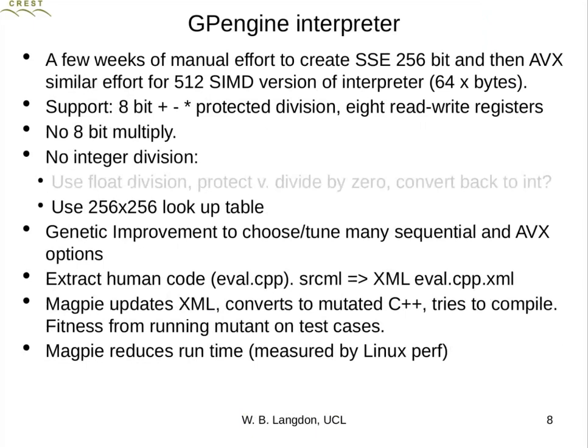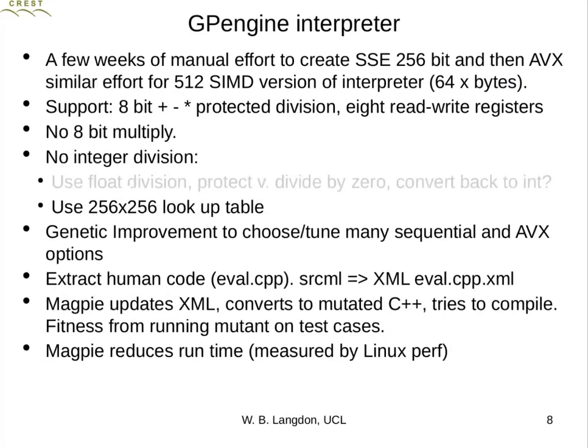What we need of our GP interpreter is to do addition, subtraction, multiplication, and protected division on 8-bit read-write registers. This is complicated because the AVX itself doesn't support 8-bit multiply.